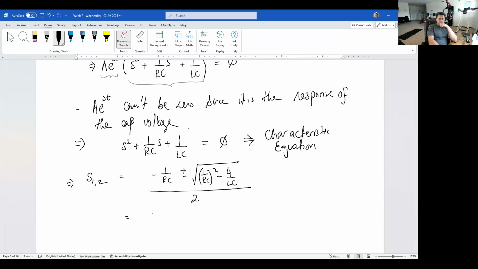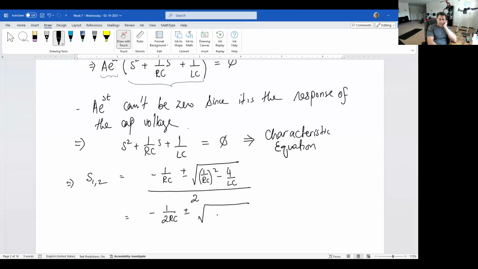So I'm going to write this equation as negative 1 over 2RC plus minus, when I take this 2 under the square root, it's going to become 4, because the square root of 4 is 2.